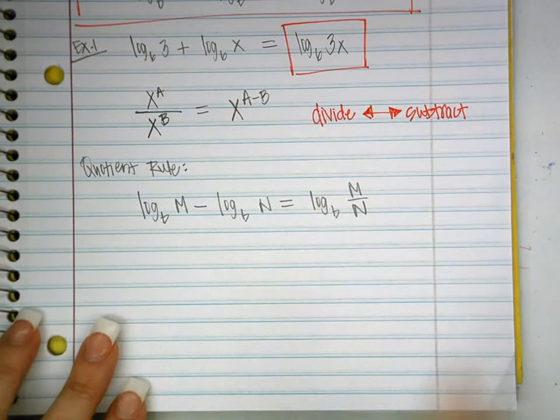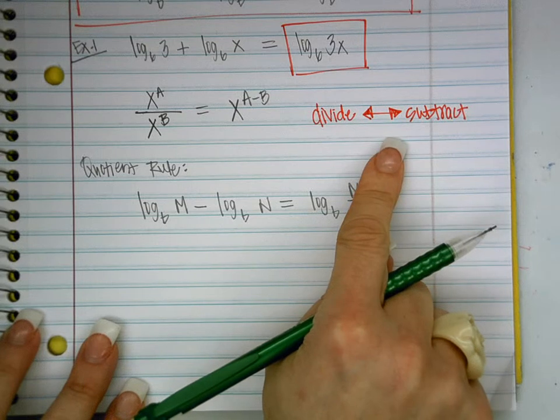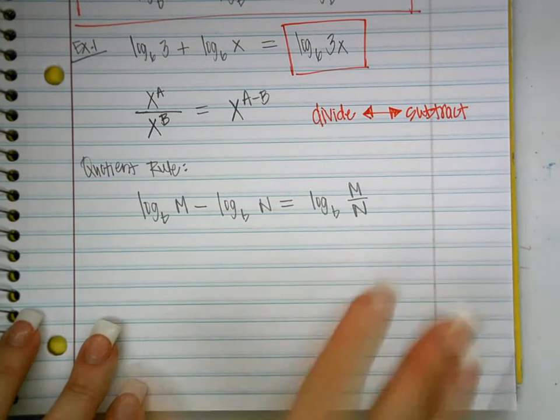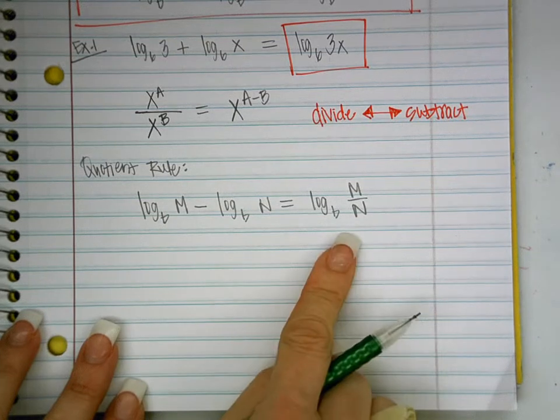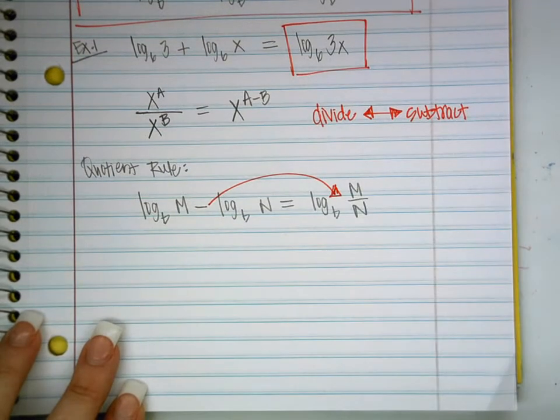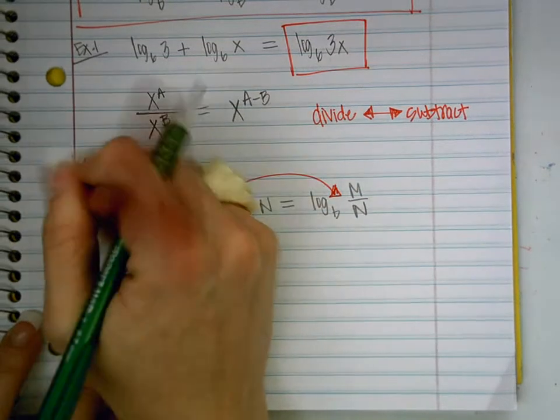So again, just like with exponents, division and subtraction go together. Logs are exactly backwards. Subtraction turns into division.